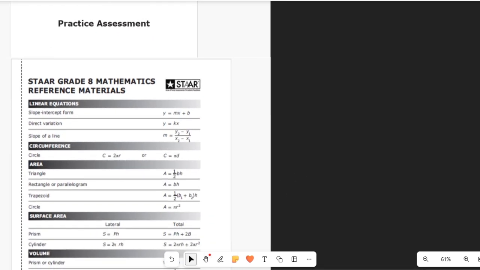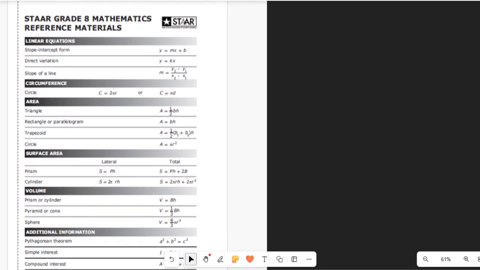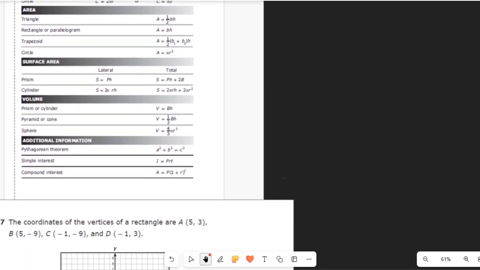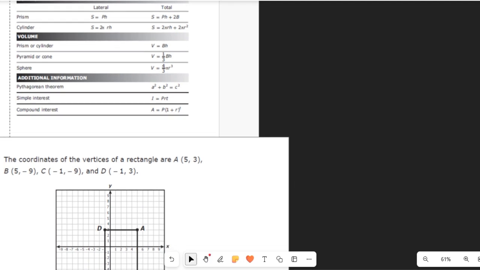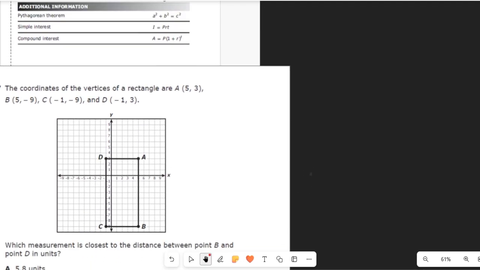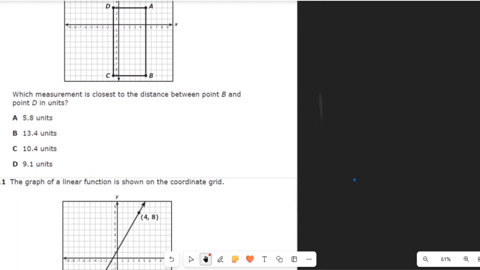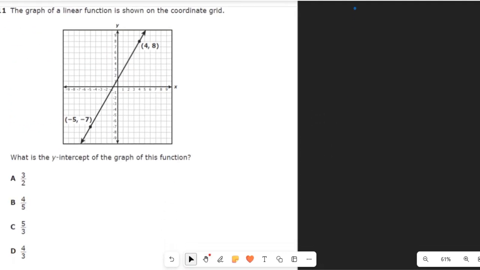The STAAR grade 8 mathematics reference material has questions on linear equations, circumference, area, surface area, volume, and additional information that can help students answer a lot of questions like this on functions.